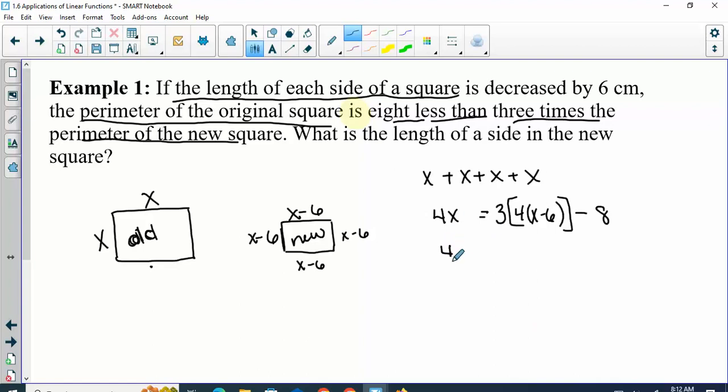So we have 4x equals, if I look inside here, this would be 4x minus 24.